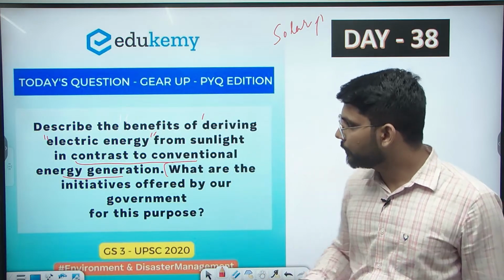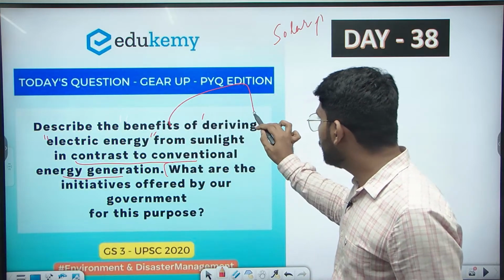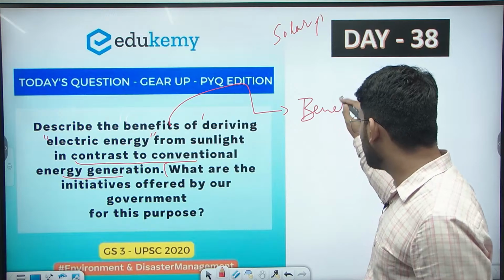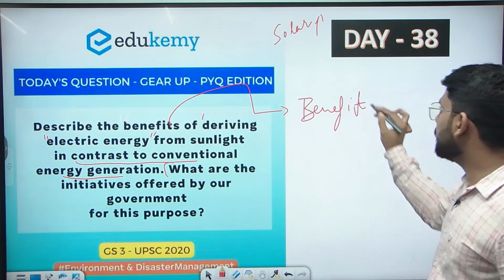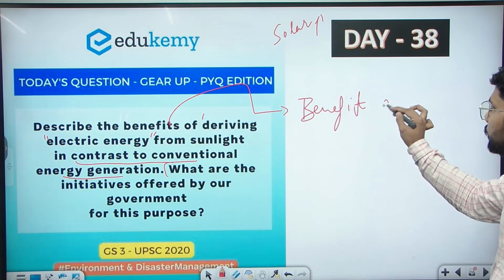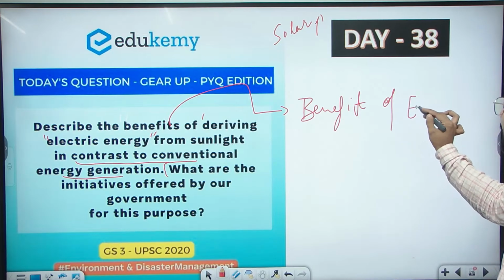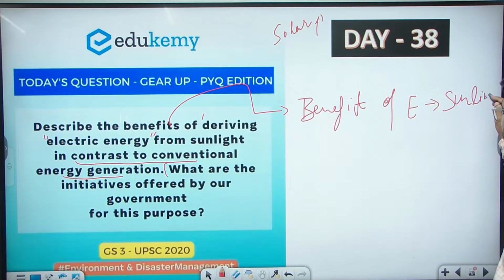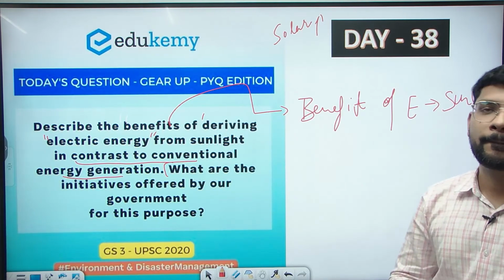what exactly the demand of the question is. Here, we need to write the benefits. What are the benefits of generation of electric energy from sunlight? This is the first demand of the question.